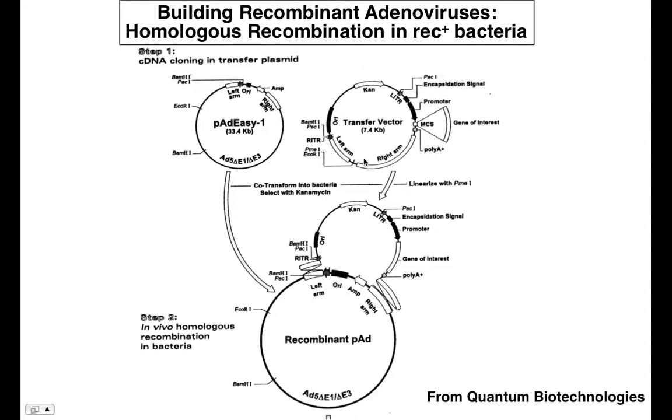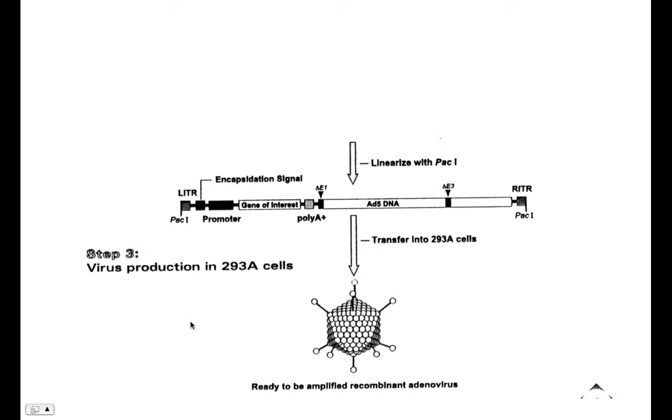Then you can essentially cut this, combine the two, and then you'll get your recombination into the appropriate vector. And then in these 293A cells, after you've linearized and you've transferred, you'll eventually get these virus particles.